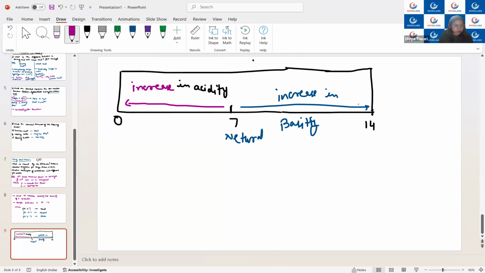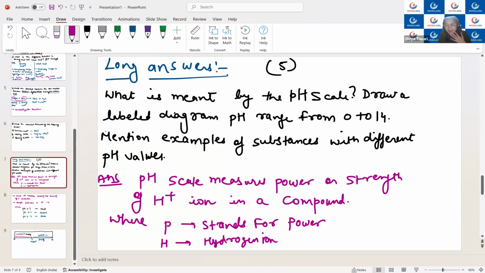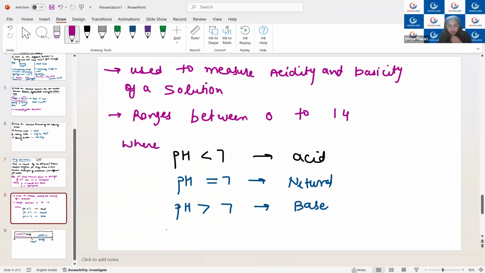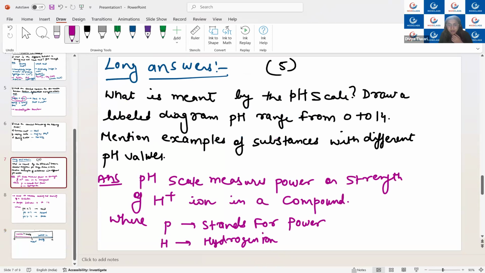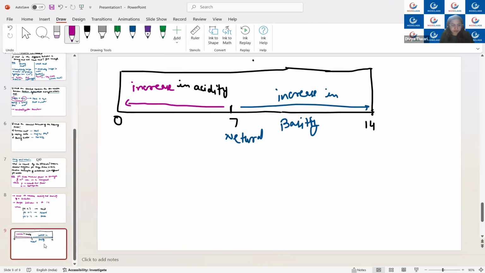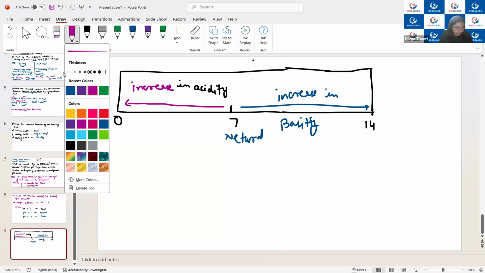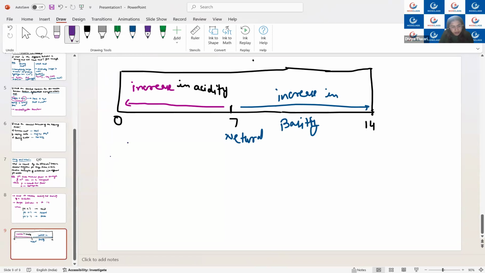Okay, now the third part of this question is to write down the examples for the substances having different pH values. So you can write lemon juice, है ना? You can write examples here as in the third part.